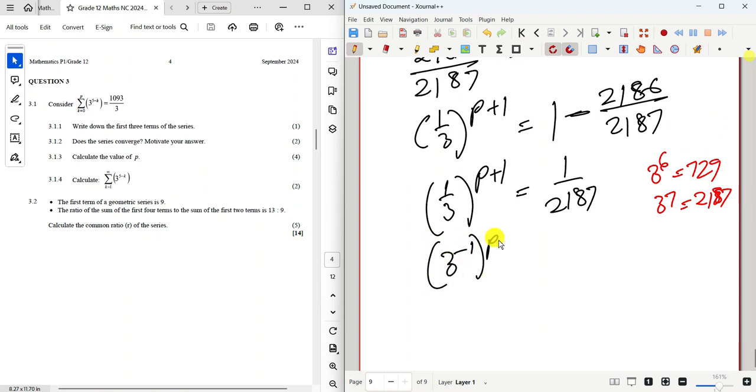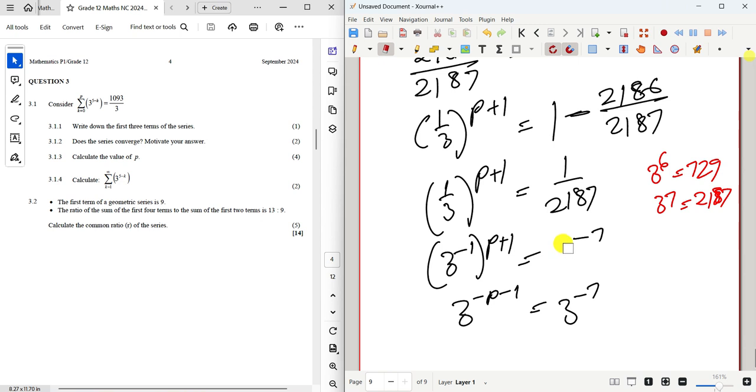I'm writing this step only so that I don't lose you along the way, but otherwise it's not necessary. We could have easily said minus P minus 1 equals 3 to the minus 7.